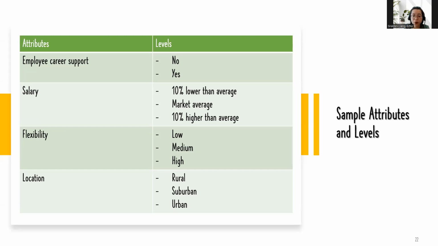And the final attribute we have is the location of the job, which has been identified by prior studies as a very important consideration that people have when they make a job decision. The location also has three levels: rural areas, suburban, and urban areas. So we want to identify which one of these attributes is the most important for university graduates, for fresh graduates, when they look for their first jobs.